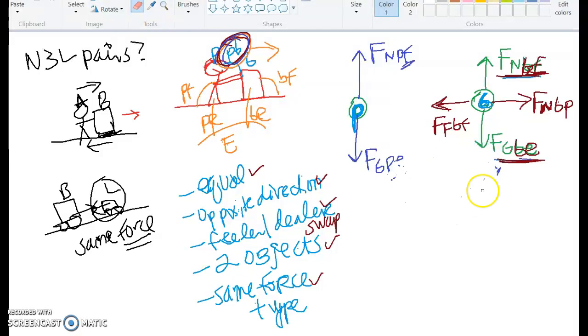If I'm going to trace a pair here, these are the two guys that are going to be in the pair, P and B, because this is my feeler dealer pair, PB. On the box, the person is pushing the box to the right. So that means that the box has to push the person the other way.